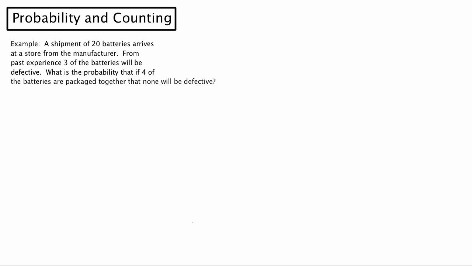As we start this problem, you want to start first by trying to define what the experiment is. In other words, I want to look at what kind of experiment it is that I'm performing.